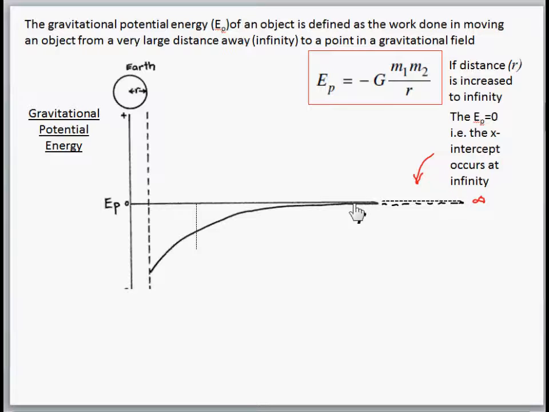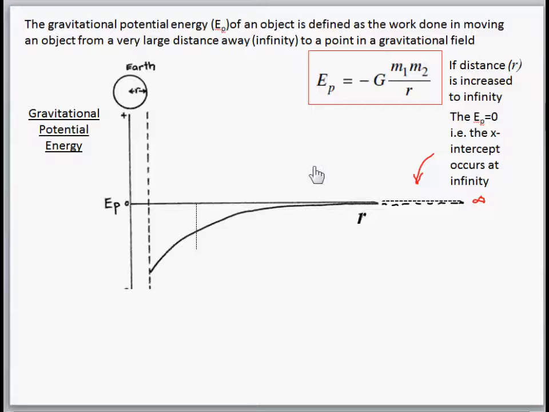If we now extend this distance to infinity, we can have a look at that and say that is where this line will hit the 0 mark. Now because infinity can never be reached, we can also say that the 0 point of gravitational potential energy is never reached as well. And if that's never reached, it can never cross over into this positive region.